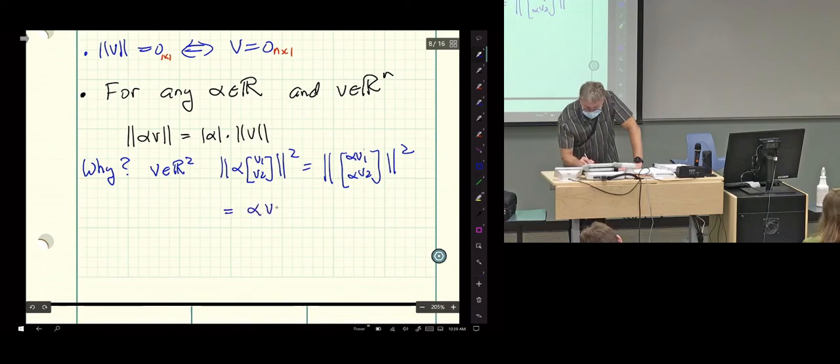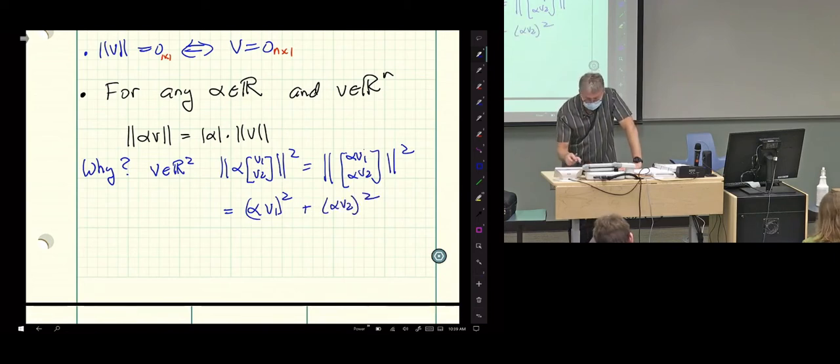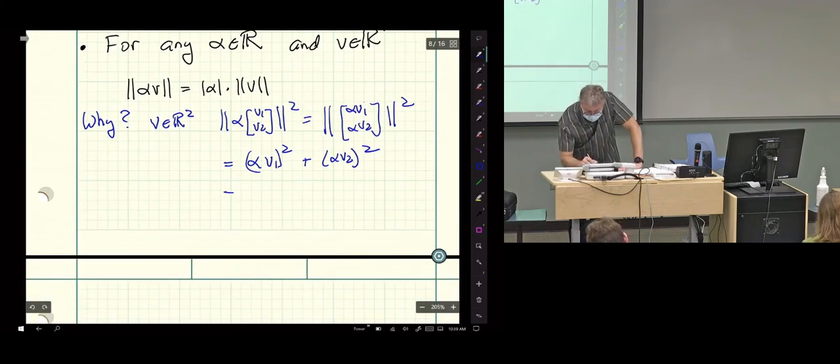So that's alpha times v1 squared plus alpha times v2 squared. But I can factor out an alpha squared and leave myself with the v1 squared plus the v2 squared.